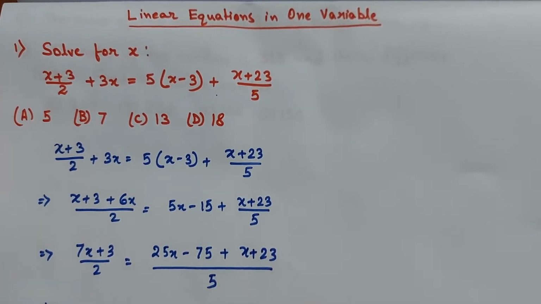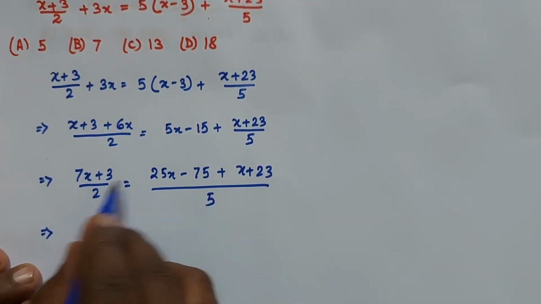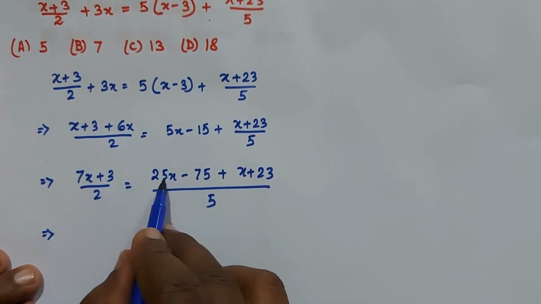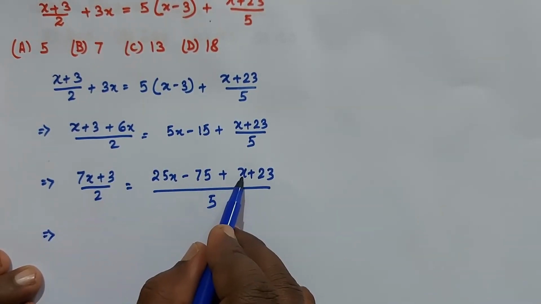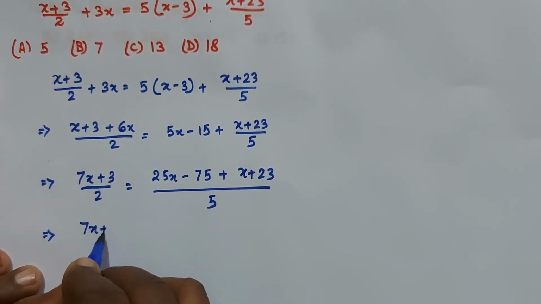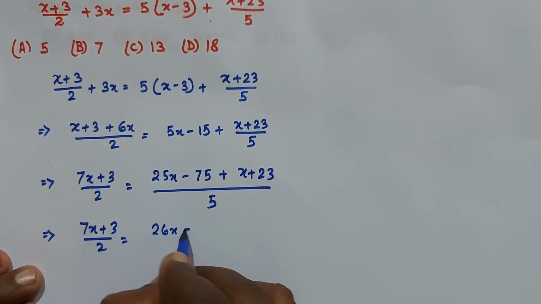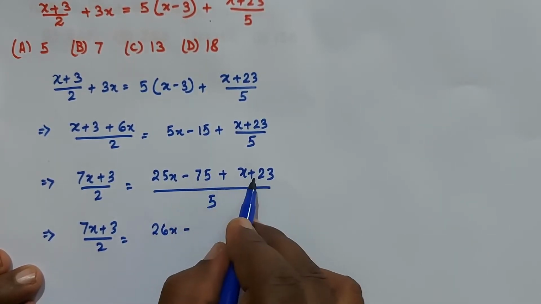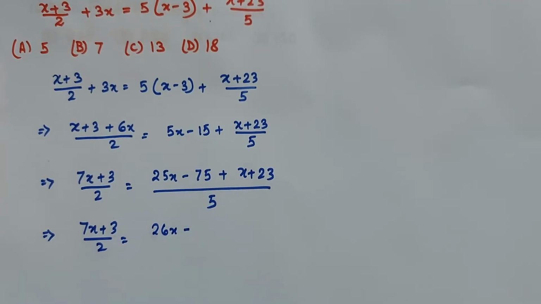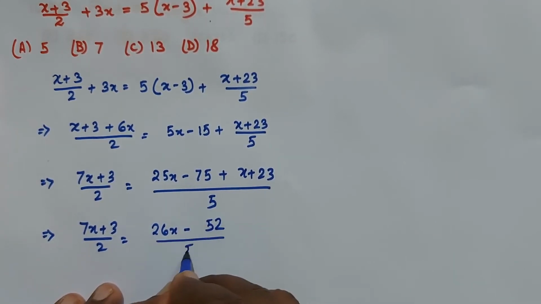So now if I write it here, 25x plus x is 26x, and 23, let us first write it down. Okay, then it will be better. 26x - 75 + 23, that is obviously equals 52 by 5.